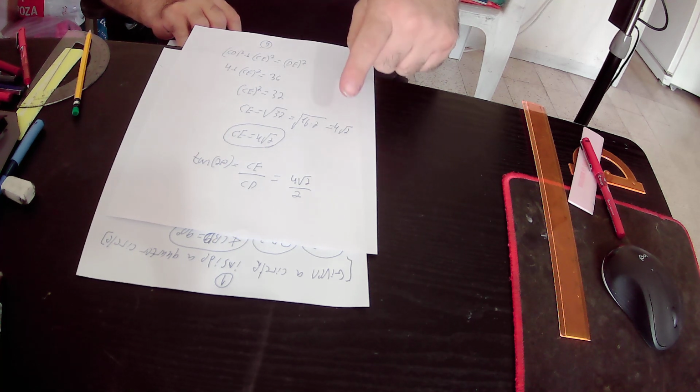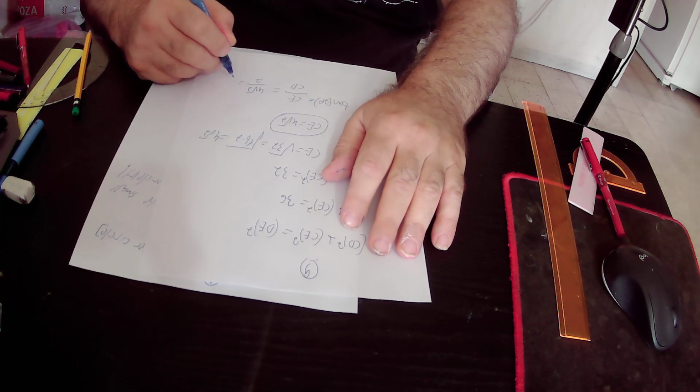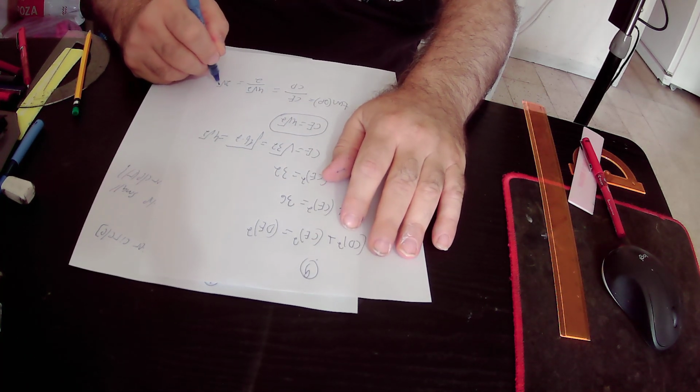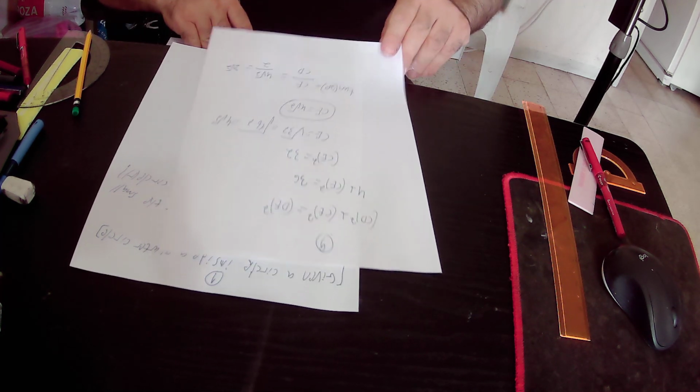So 4 times root 2 over 2, 4 over 2 is 2. So we get here that 2 times root 2 is the value of tangent 2 theta.